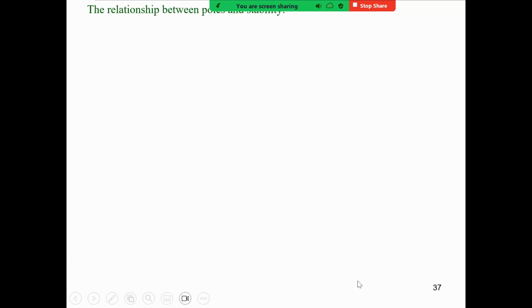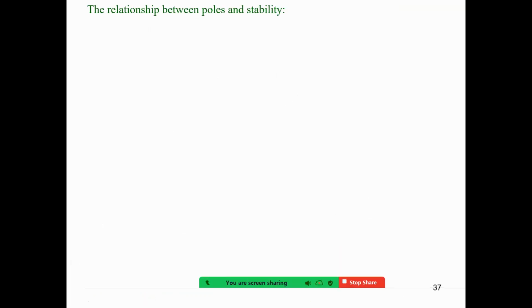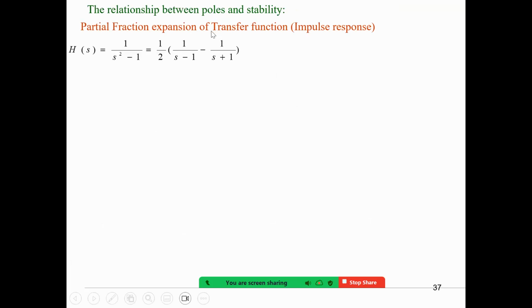Then let's check out the relationship between the poles and the stability. We did it last time for continuous time. How do we understand this? We look at it from the point of view of the impulse response. We know the transfer function is the impulse response. Then we want to say whether the impulse response will go to infinity or go to 0.